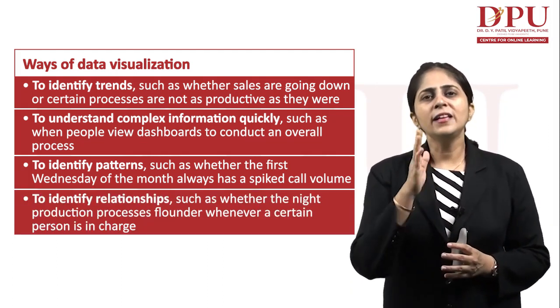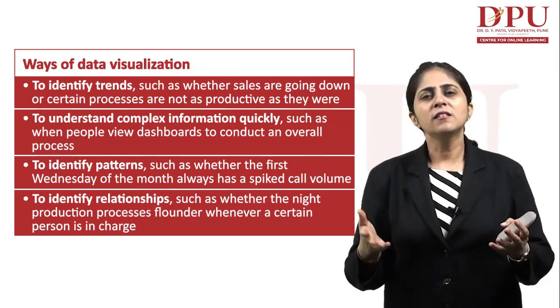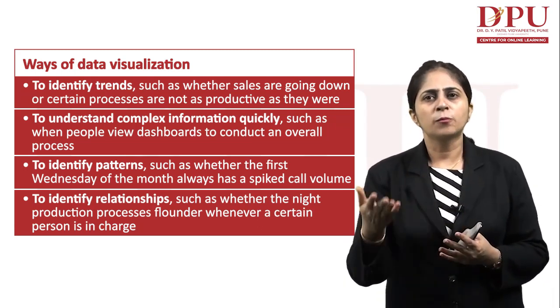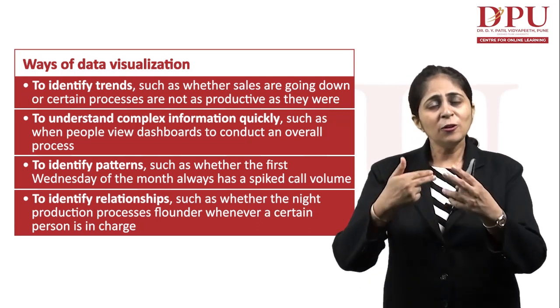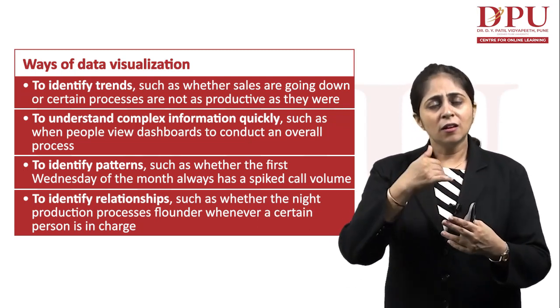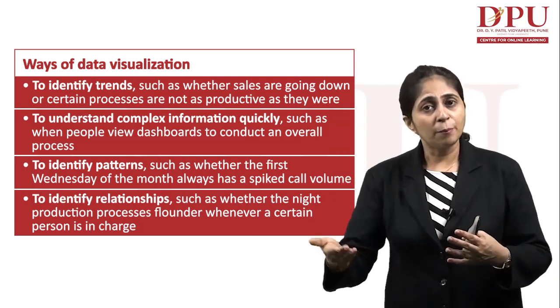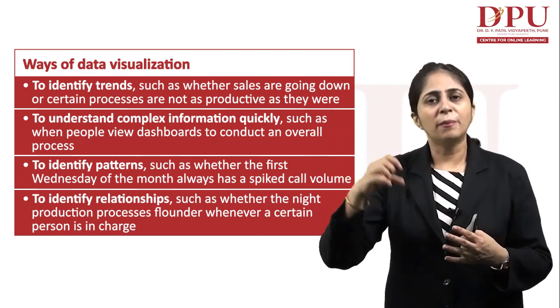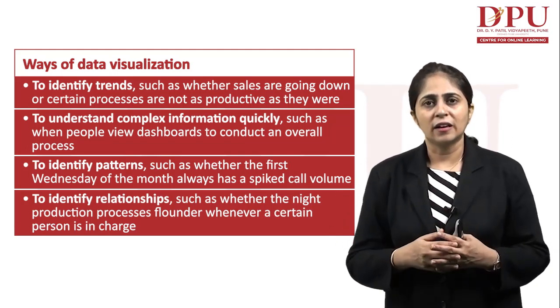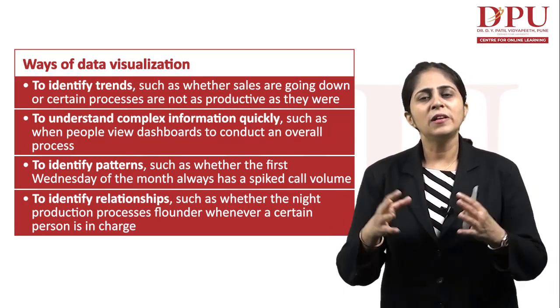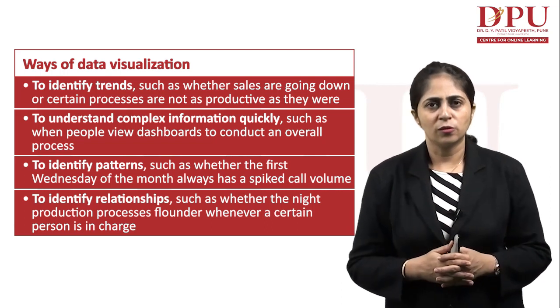Then to identify the relationships, such as whether the night production processes flounder when a certain person is in charge. If you want to analyze a relationship, that if we do this, this happens in a better way, we can use data visualization tools.